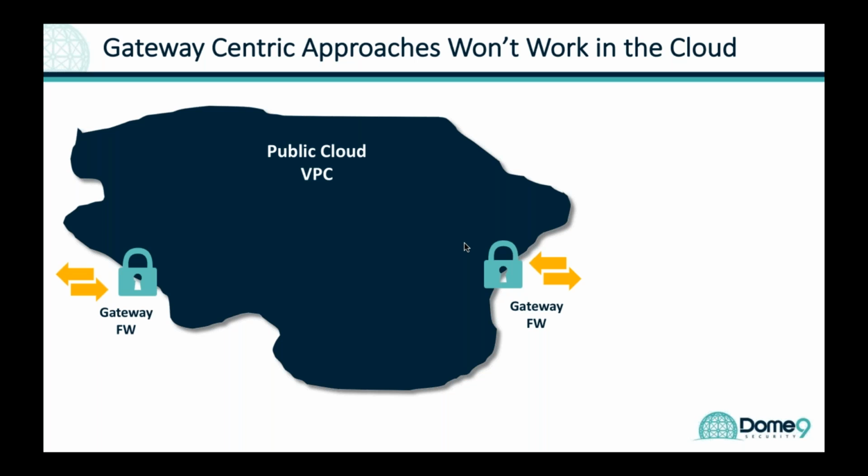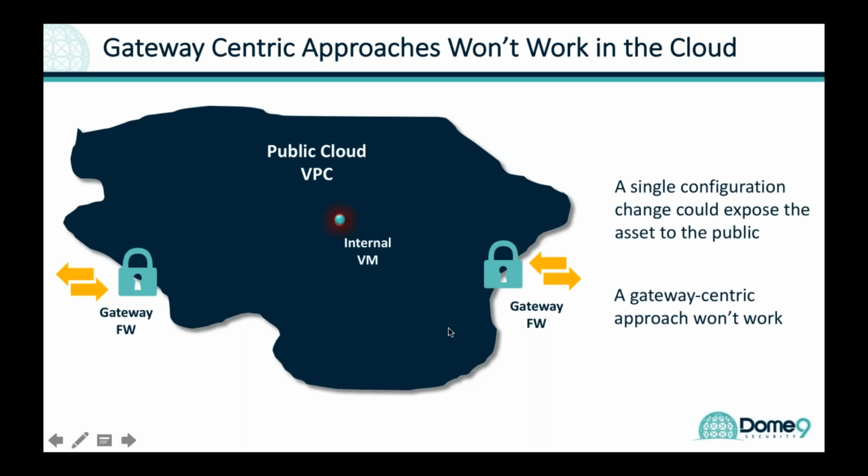But then on the cloud, which is a software-defined environment, essentially this perimeter is defined by a set of security policies in software. What that means is if an administrator accidentally sets a certain security policy or changes a configuration, then you can essentially expose a resource that was intended to be private to a public cloud environment that can now be exposed to the public, right?